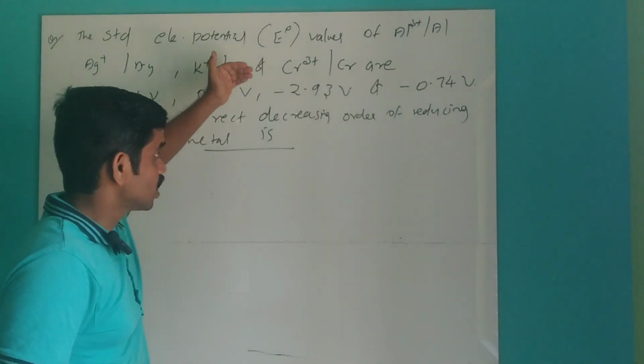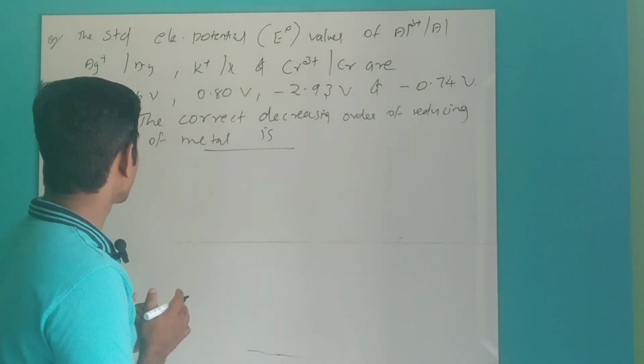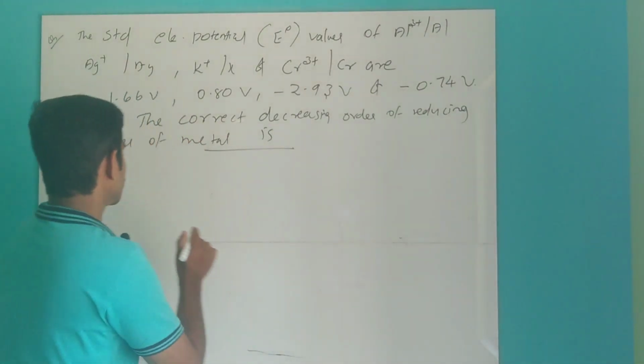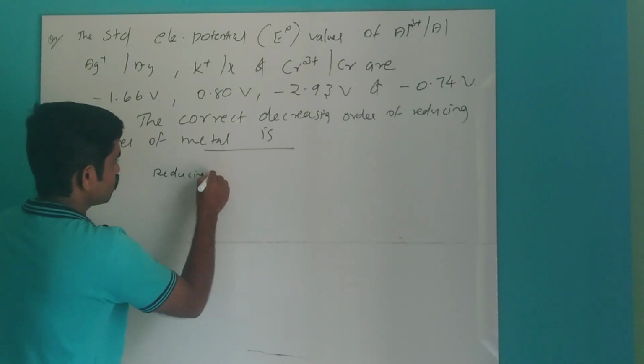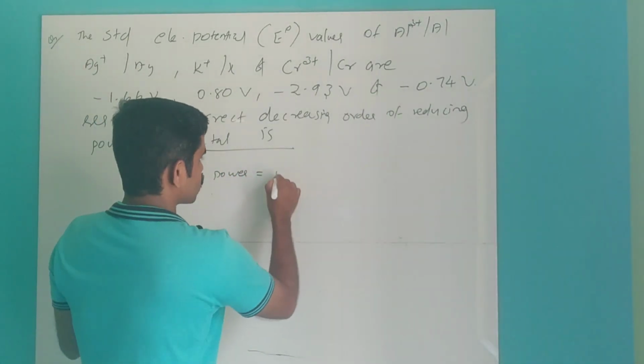So here standard reduction potential values are given. You have to write the decreasing order of reducing power. Okay. So take that point, reducing power, which is equal to reducing agent.